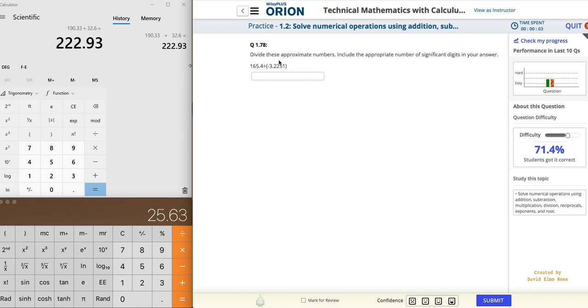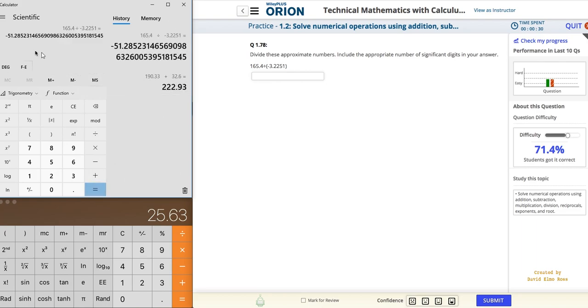Now in this case it says divide these approximate numbers. So in this case let's do it back here with the PC calculator. So that's 165.4 divided by 3.2251. It's negative, so we have to hit the change sign and do this.